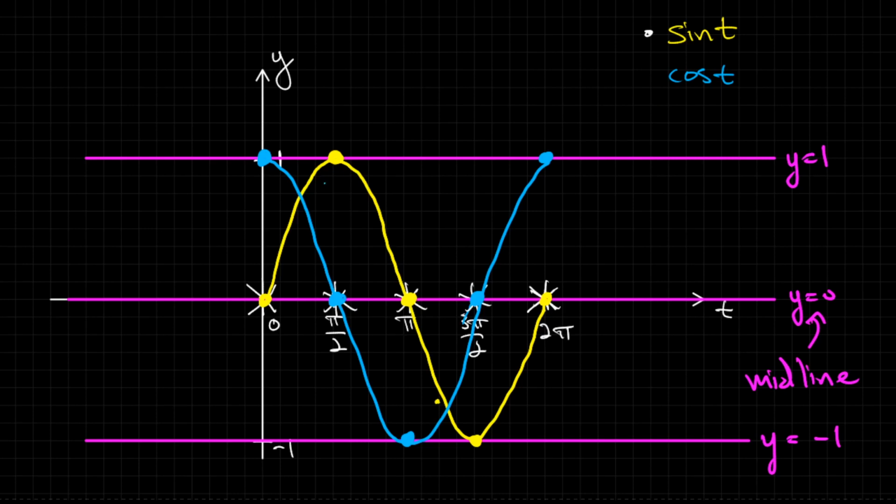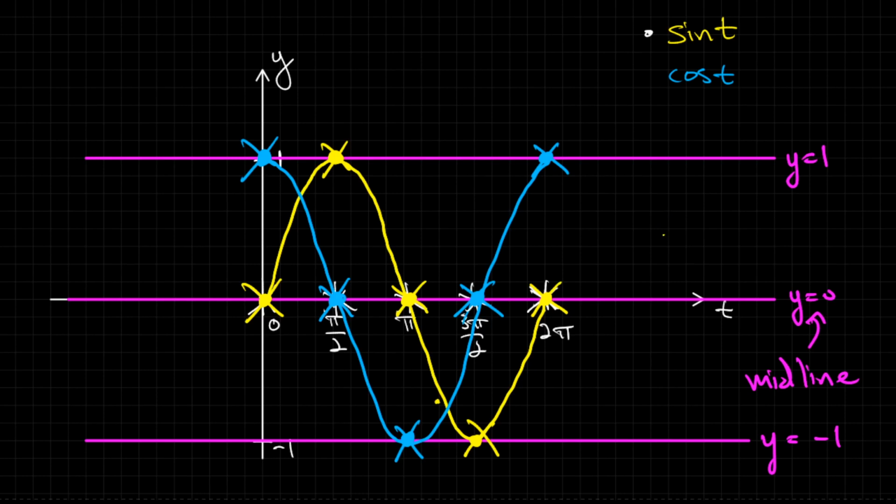Knowing this pattern for cosine of t, top, midline, bottom, midline, top, and the pattern for sine of t, midline, top, midline, bottom, midline, will be essential for understanding how to sketch the graphs of trigonometric functions quickly.